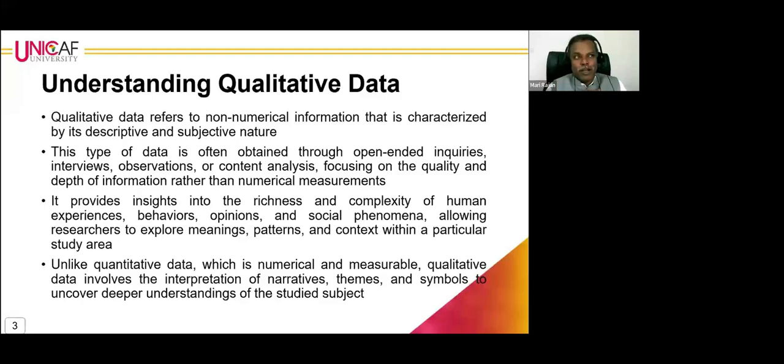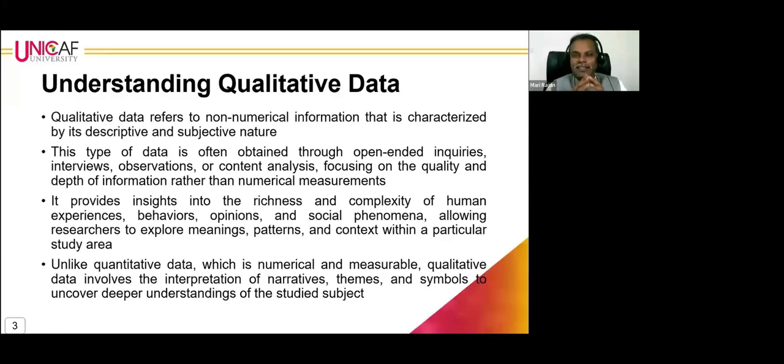Qualitative data has become more important, I can say, after 2000. It's gaining momentum within the academic sector, but when it comes to the practicing side, or action research, qualitative data is a primary source of data. With this background, I'm trying to make sure everyone learning in this session understands the importance of qualitative data.